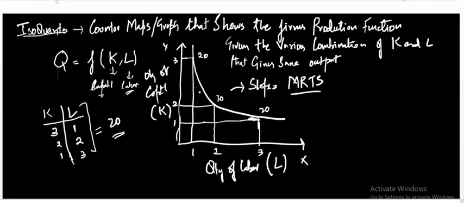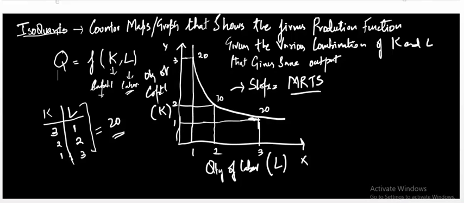The substitutability between labor and capital is the slope of this isoquant. It shows how I combine the two factors of production, capital and labor, so as to produce the same level of output.